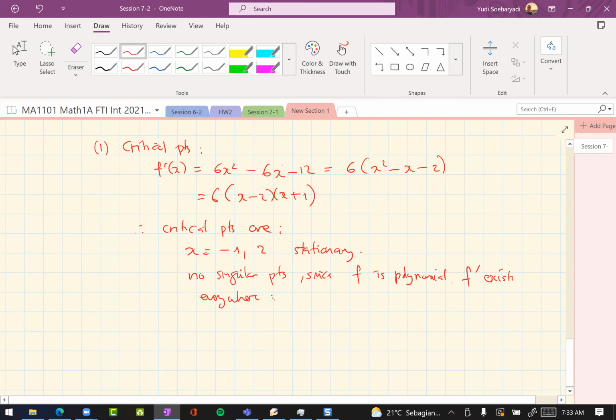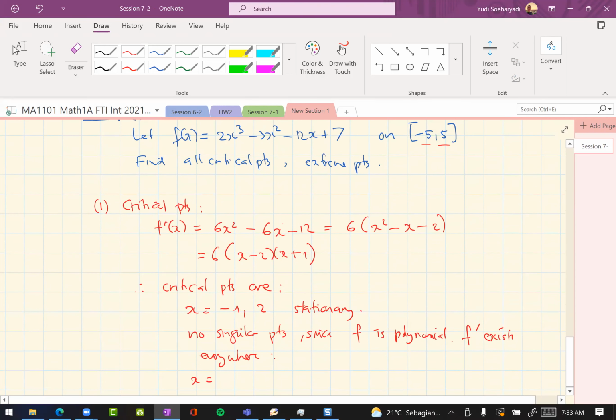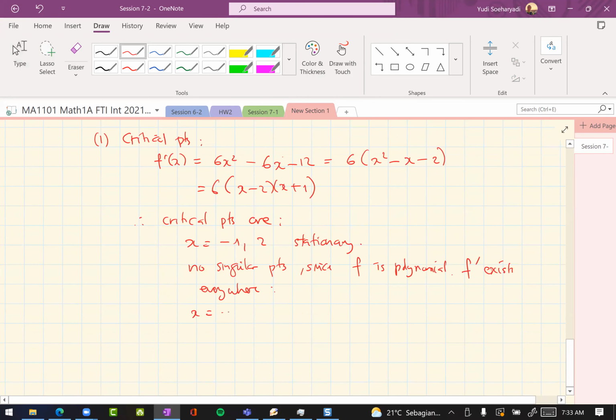But on the other hand, we also have the endpoints. So those are the critical points.